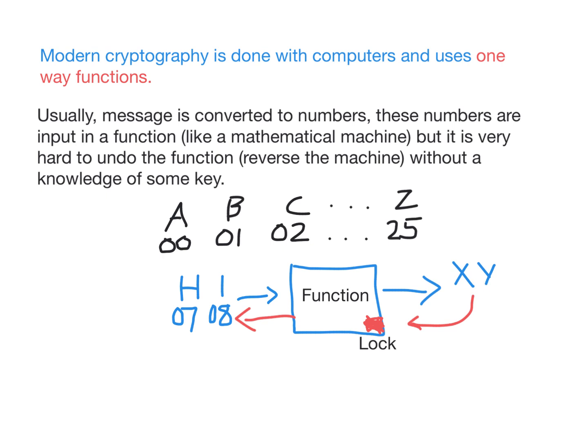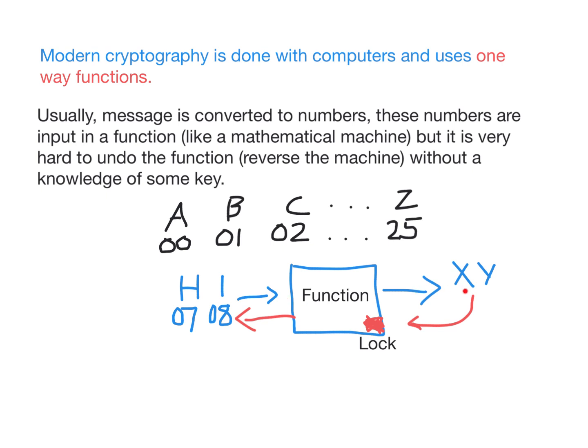Because we're using mathematics and functions work on numbers, usually our first step in encrypting is to convert our plain text into numbers. So there are a few ways to do it. The simplest way is we make all the A's into 0, B is 1, C is 2, and all the way to Z, which is 25. We put those numbers into the function.